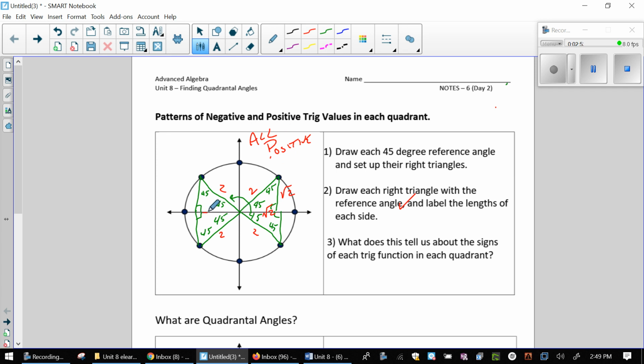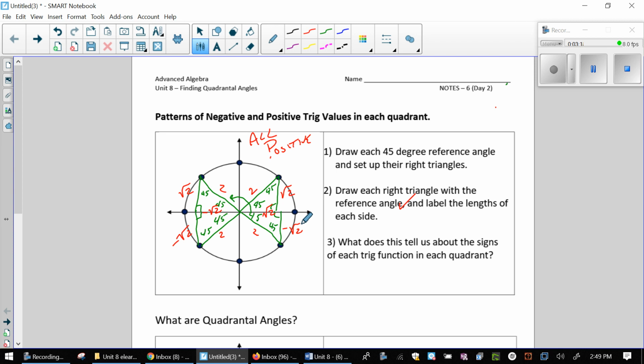So that means that this x coordinate, or this moving on the x-axis, is negative root 2. Moving up here, we're going up, is positive root 2. When I go into the third quadrant, I'm going negative root 2, and then I'm going down. And again, that's negative root 2. In the fourth quadrant, we go right, positive root 2, and we go down, negative root 2.